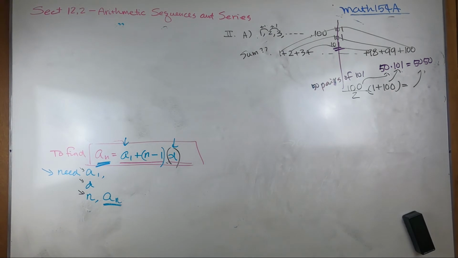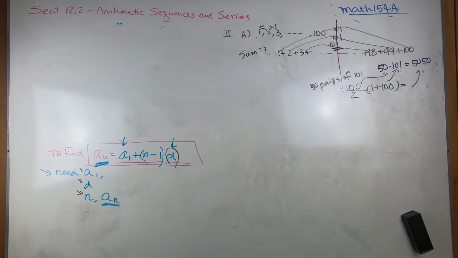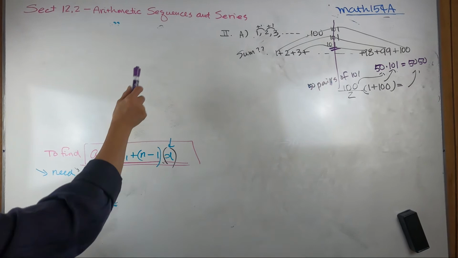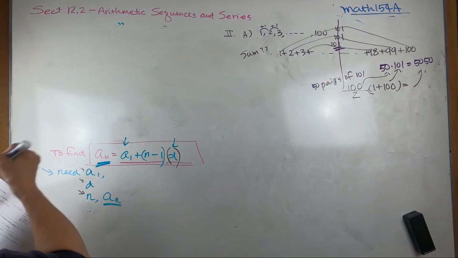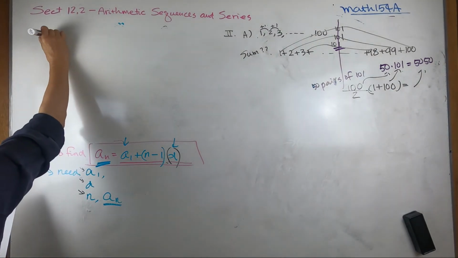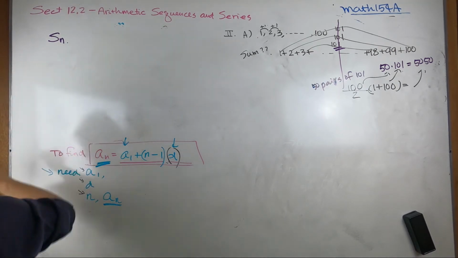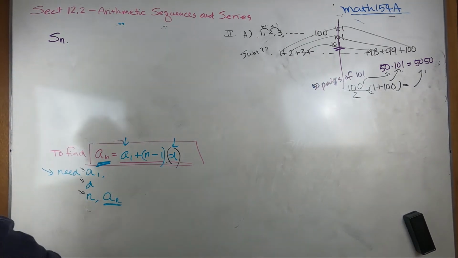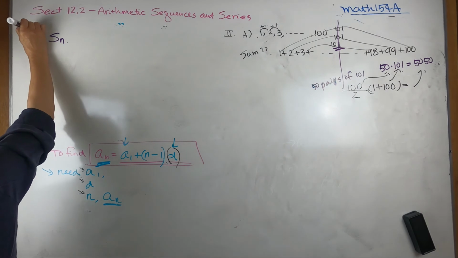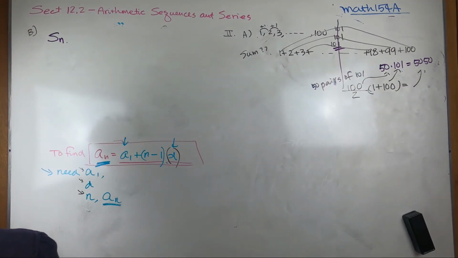Then let's see how we will write a formula for the series. For the sum, we use the notation Sn. We are on your page 60. That's the formula.